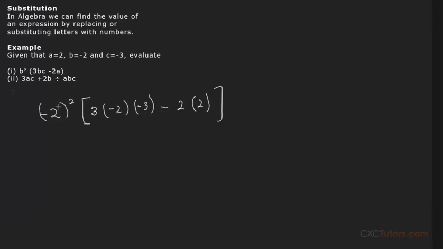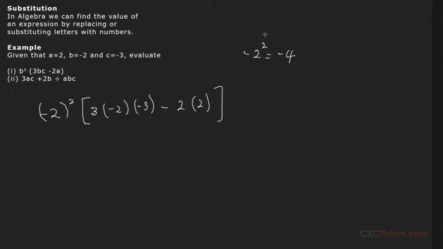Now minus 2 squared, some persons do not remember that when you square negative 2, your answer is positive 4. And so some persons will write minus 2 squared and put the answer as equal to minus 4. But remember that you never ever square a number and get an answer that is negative.